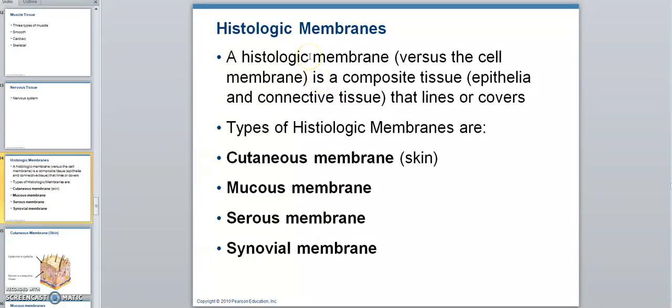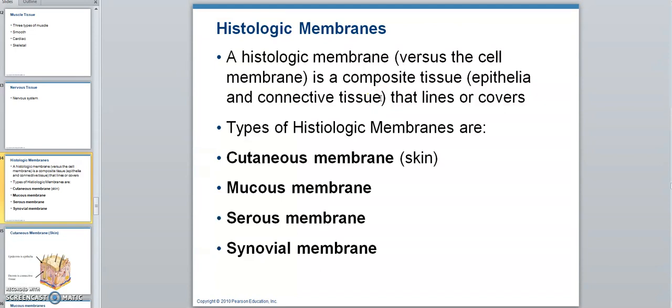The reason we're putting it here is that a membrane is a composite tissue. What a membrane should have is a layer of epithelia on top of a basement membrane or basal lamina and some connective tissue. So, see, this membrane puts it all together for what I did in this chapter.